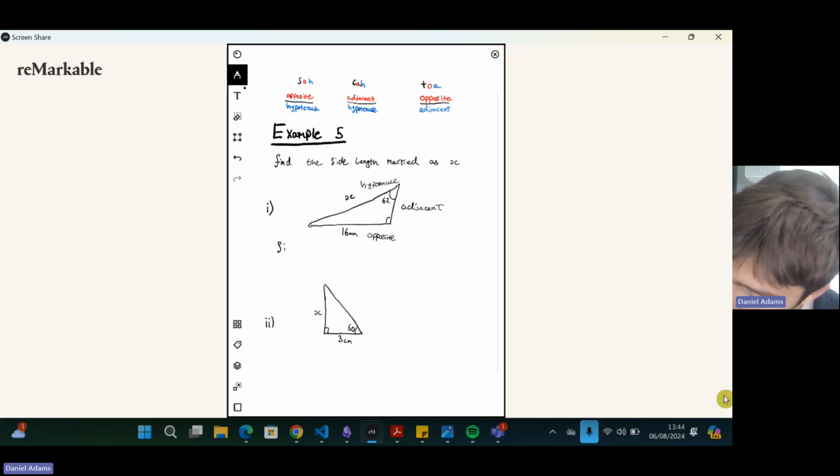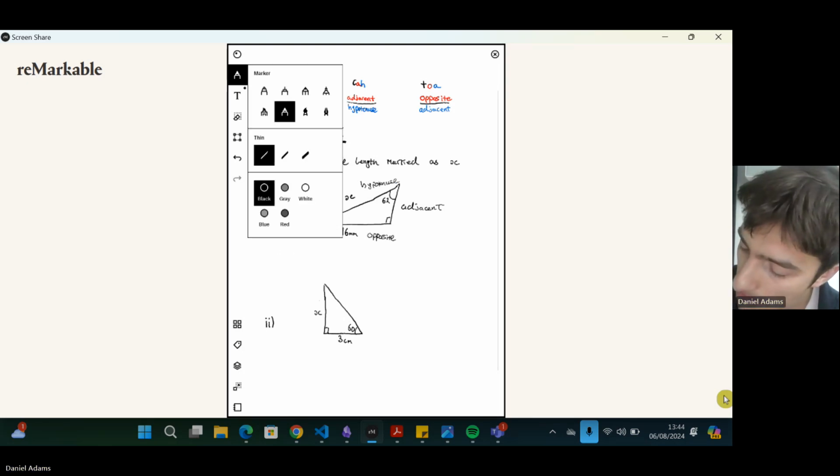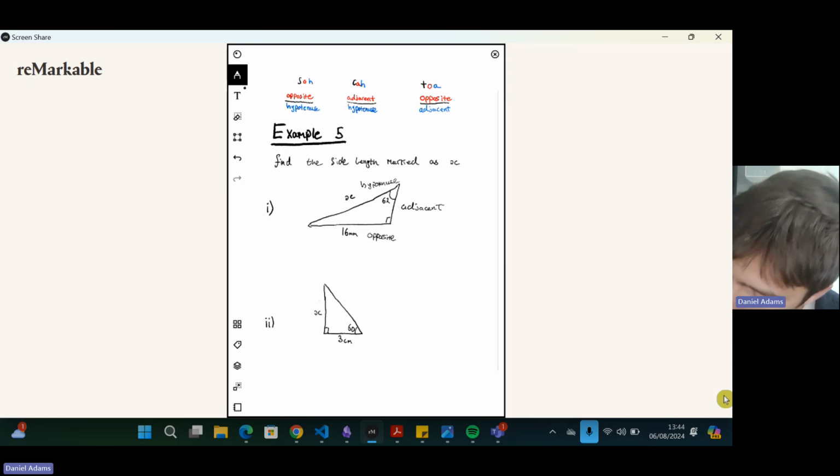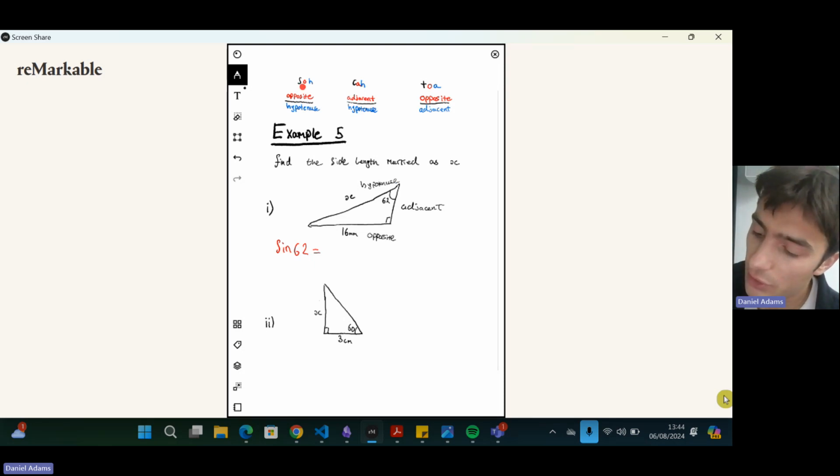So here you would have sine, sorry, let me write in red. Here you would have sine of your angle, 62, is equal to, let's look, sine is SOH, which is opposite over hypotenuse, so which is 16 over x.